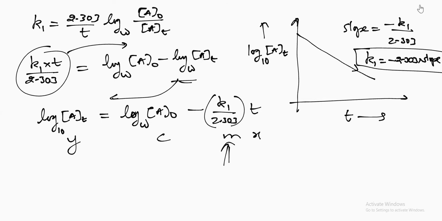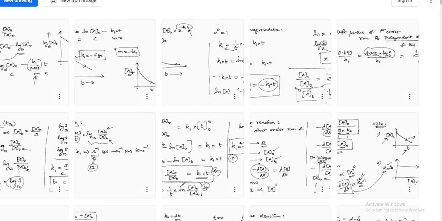Okay, let me just show everything in one slide so that you'll get the clarity. Students, observe carefully. Now I am going to show you all the three graphs together. See, first let me show you the plot for A_t versus t. For a first order reaction, A_t versus t will appear like this. It is an exponential decrease curve.